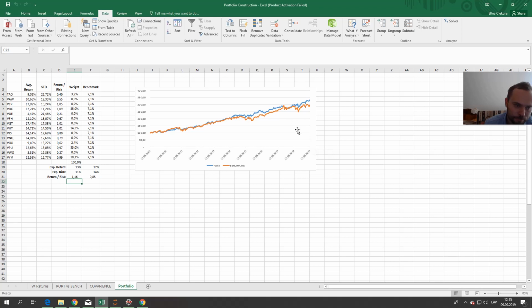And well, as I see this, there is not a huge drop in the performance in our case. I would say actually we outperform the benchmark and we have better risk. This is our optimal portfolio. This is good. This is what I would go for.